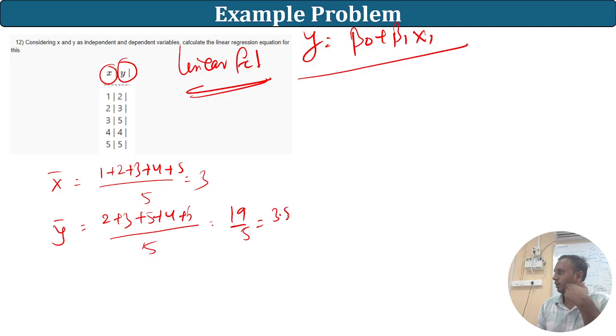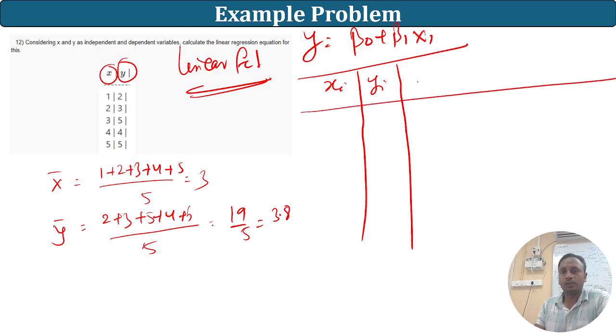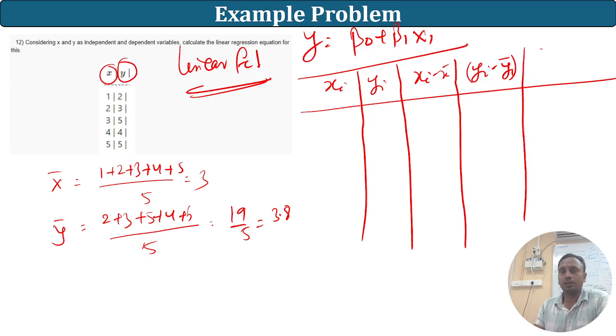It came to 3.8. Now we'll make the table: xi, yi, then xi minus x bar, yi minus y bar, then the multiplication, and the last column will be xi minus x bar whole square.